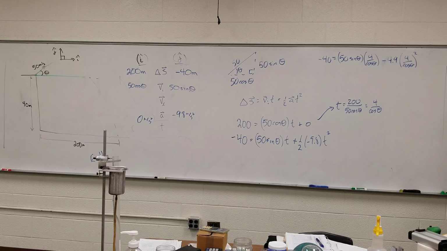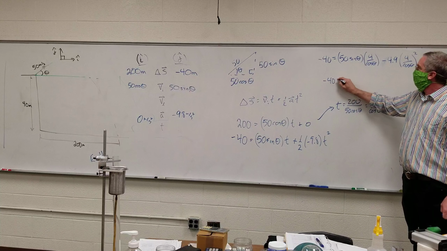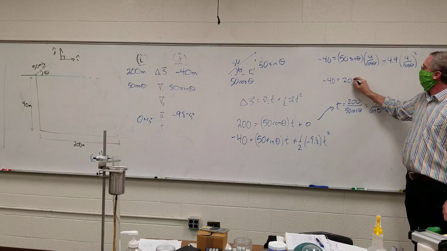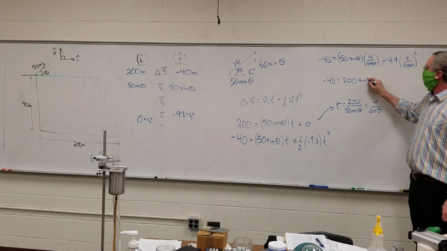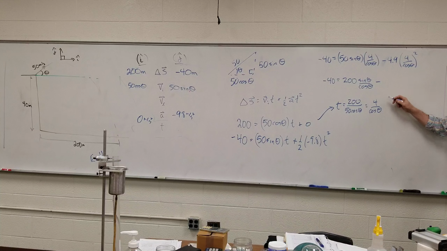I'm going to simplify what I can. Negative 40 is equal to 200 sine of theta over cosine of theta minus, what's 4.9 times 16? 78.4. Over cosine squared theta.